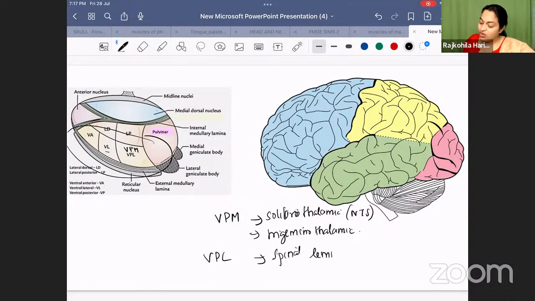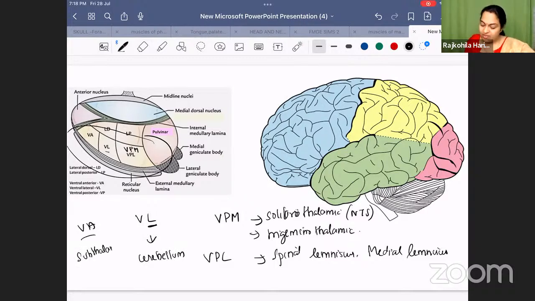Spinal lemniscus. What is the other lemniscus you know, which reaches the thalamus? Medial lemniscus. Okay, yeah. And ventrolateral, the afferents are coming from cerebellum. Ventral anterior, the afferents are coming from the subthalamic nucleus, the substantia nigra and the subthalamic nucleus, all that.